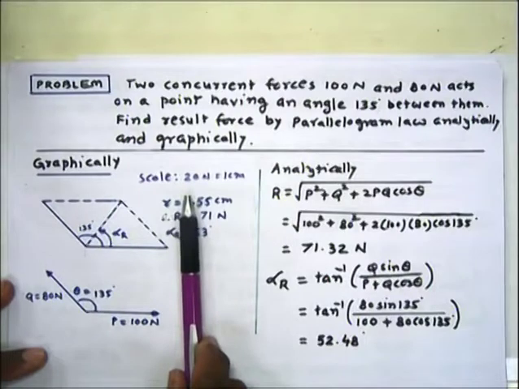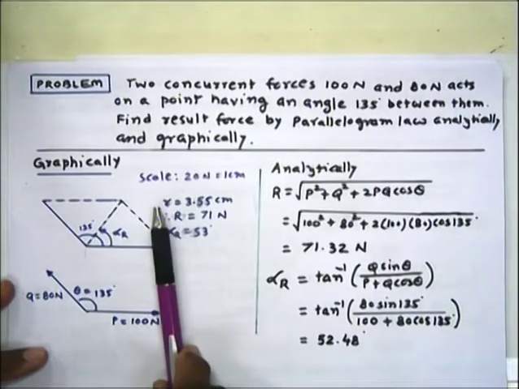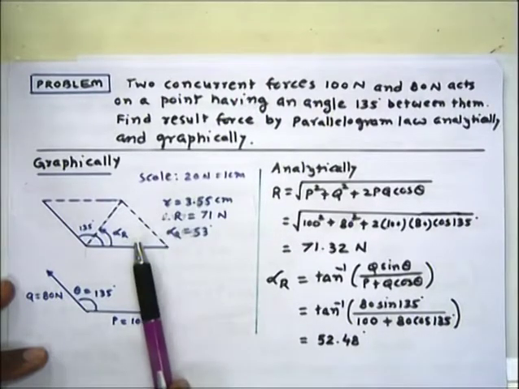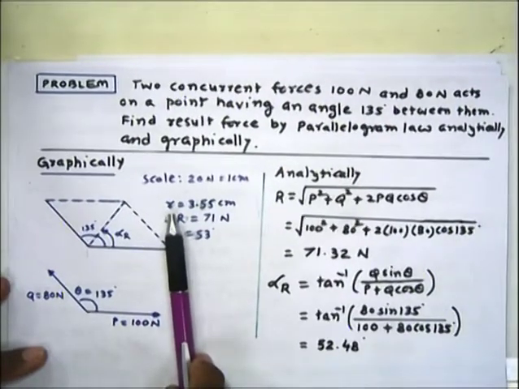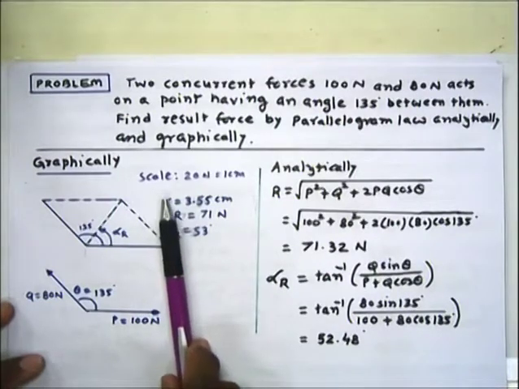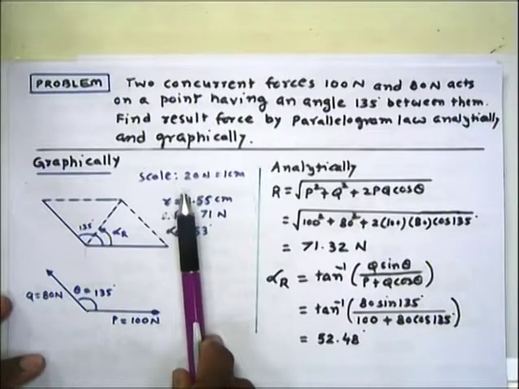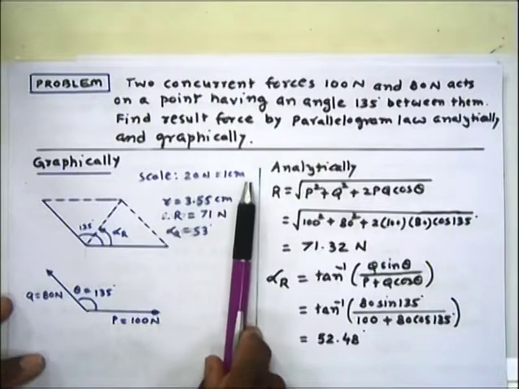We can take scale as per our requirement, but you will have to keep in mind that you choose a scale such that the figure is not becoming too small or too large. So for my convenience, to draw a figure of sizable amount, I have taken this scale as 20 Newton is equal to 1 centimeter.